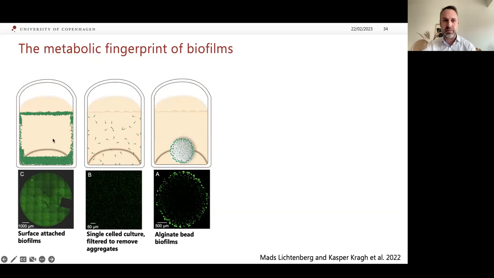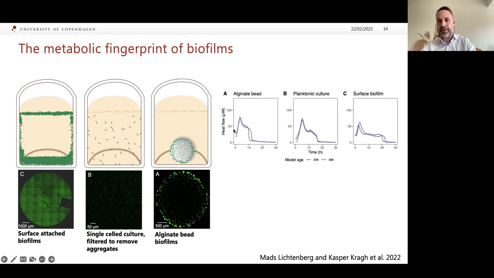So we set up a system where we grew some surface-attached biofilms inside of these inserts for the calScreener, and we looked into some planktonic cells, and then we used this alginate bead model as a non-attached aggregate model. And then over time we got these neat metabolic patterns.